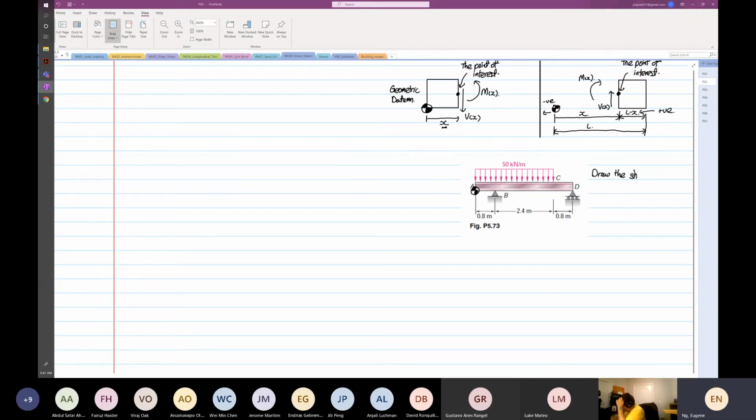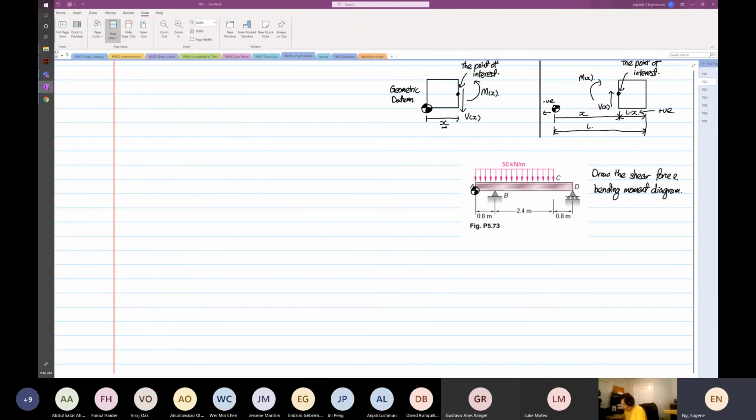Shear force and bending moment equation, or diagram. This is what we want to achieve.